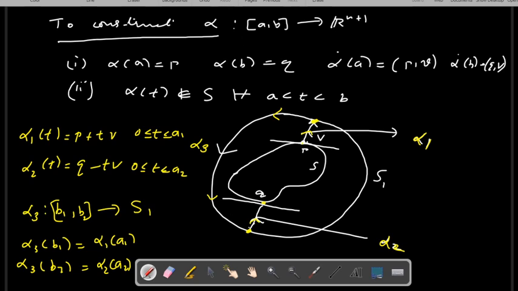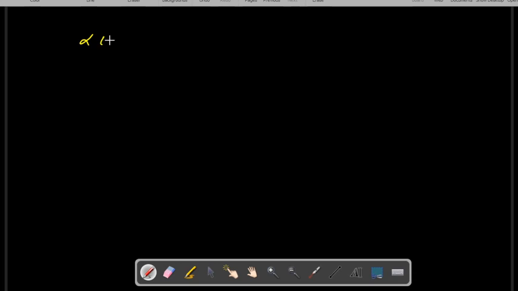So how to define alpha? Now let us see. Alpha of t I am going to define in such a way that it is alpha 1 of t for 0 less than or equal to t less than or equal to a1. That is, in this interval your alpha will give you this path.